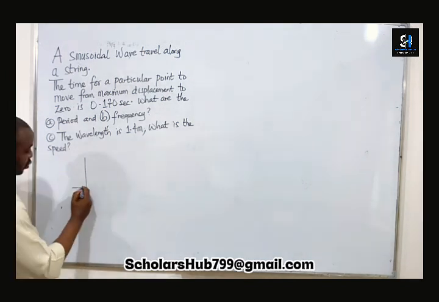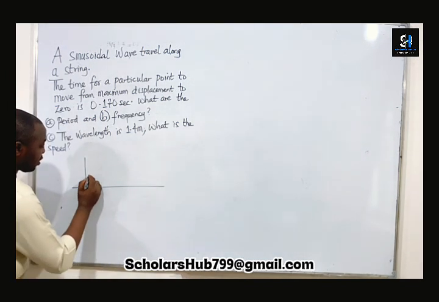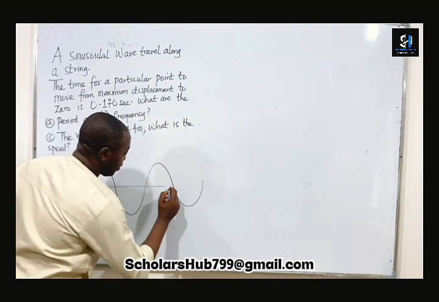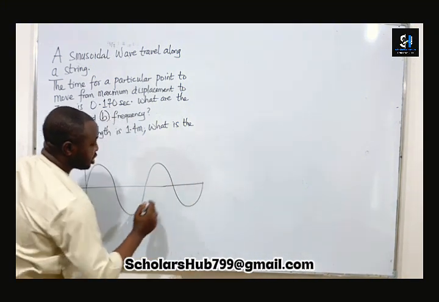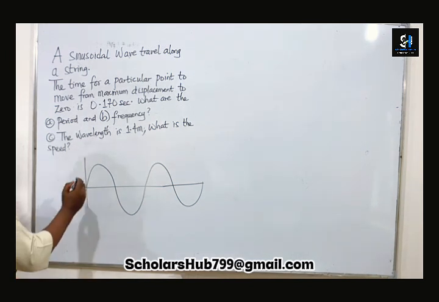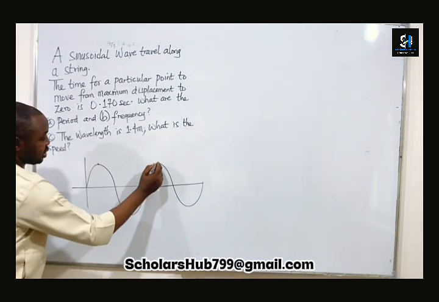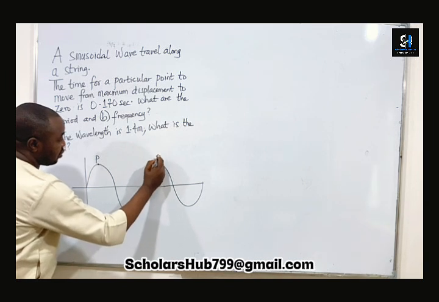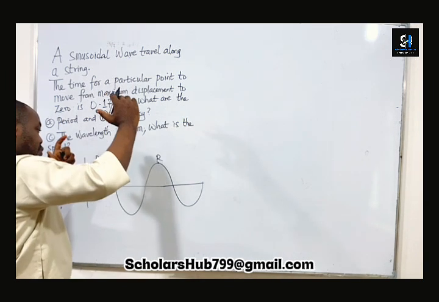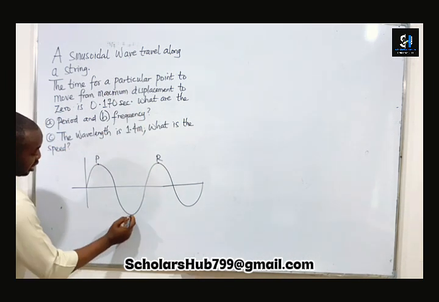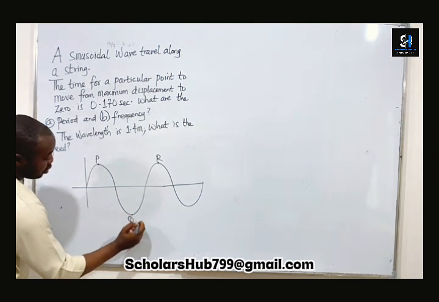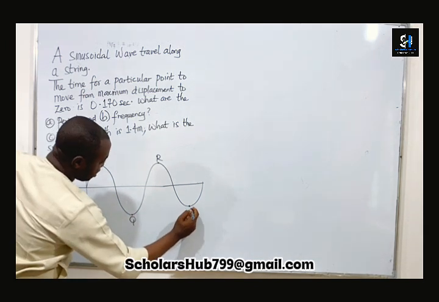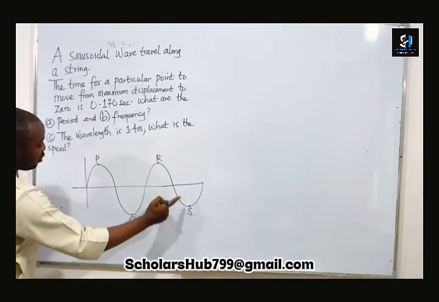Here is a snapshot of a wave profile, with two cycles. Let's say we have points P and R as the maximum points, then Q and S. PQRS.